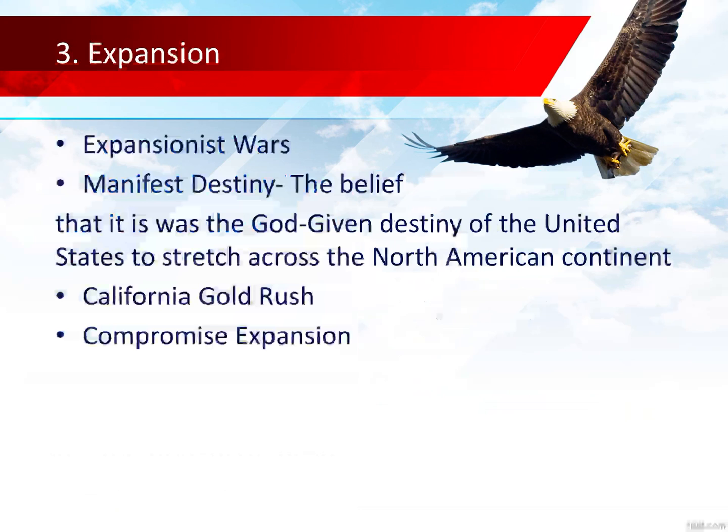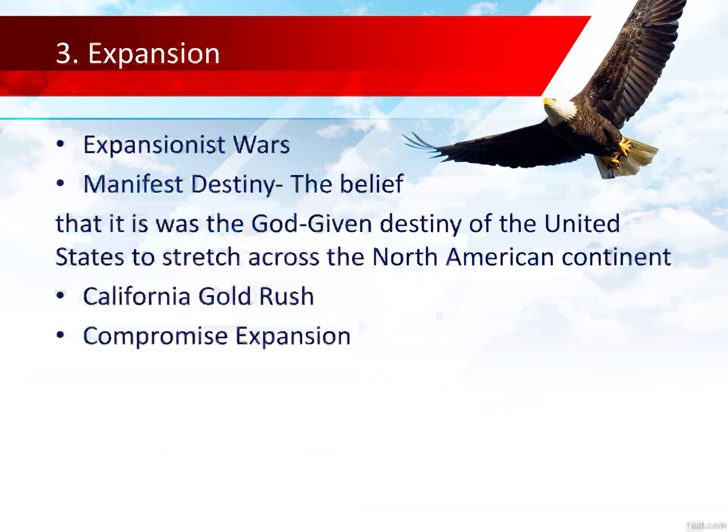Expansion is going to be a major theme. You're going to have expansion wars. You're going to have the California Gold Rush. You're going to have compromise expansion, where every free state that enters the Union, you have to have a slave state.